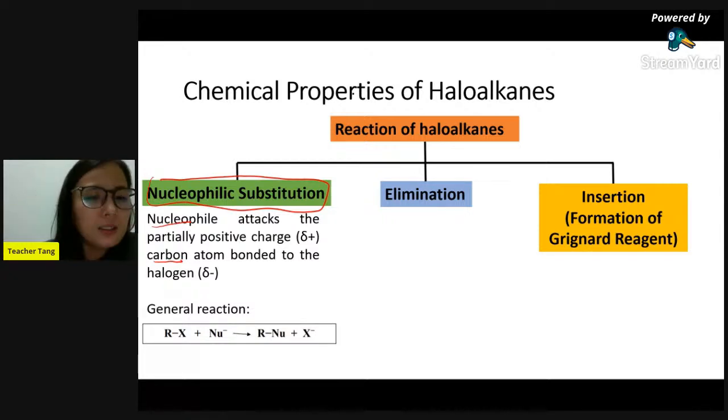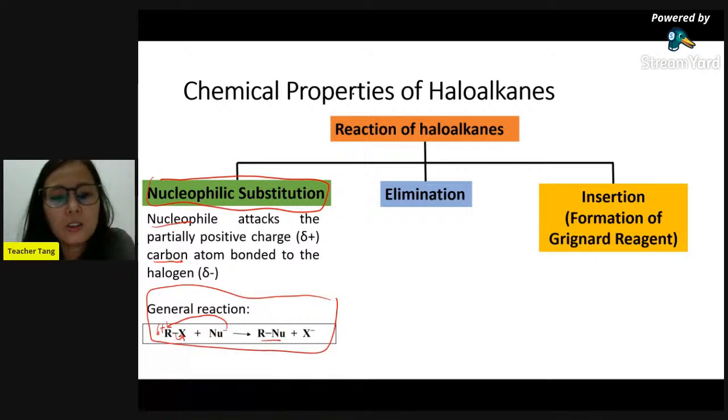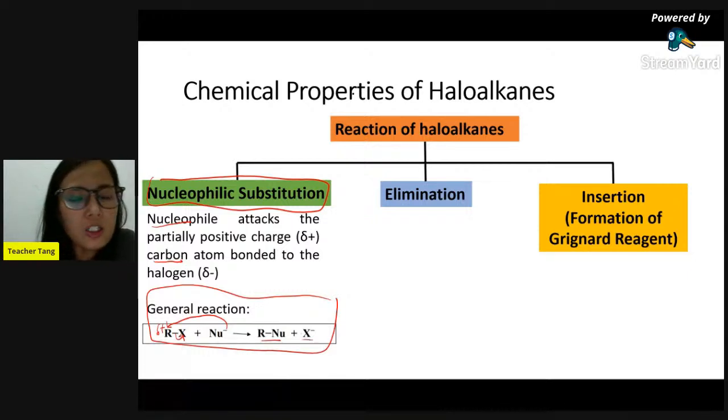This is the general reaction: the nucleophile attacks the partially positive carbon and kicks out the halogen, which comes out as the leaving group.